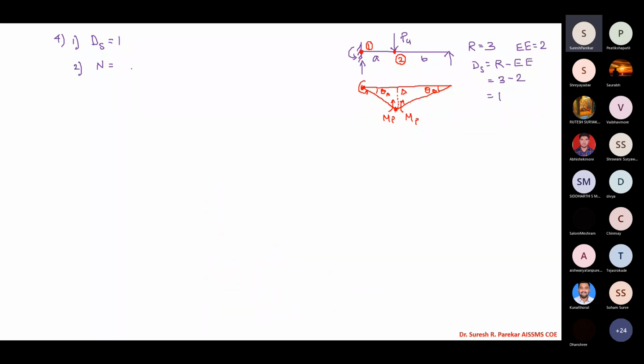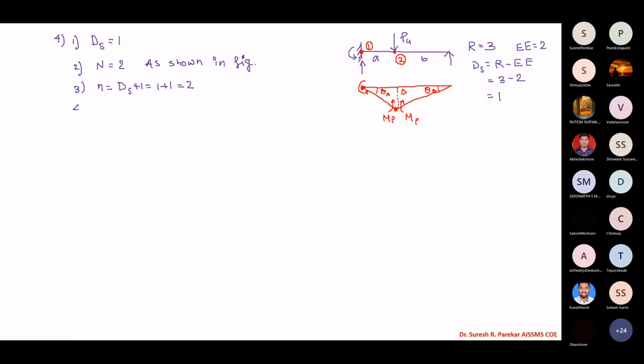We have n equal to now 2, as shown in figure. Small n we have ds plus 1, 1 plus 1, 2.